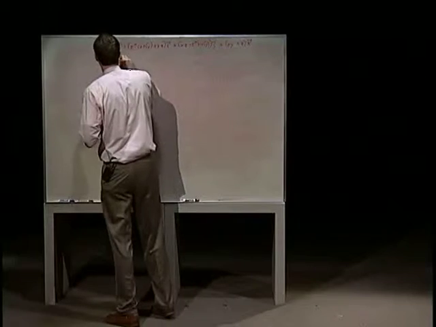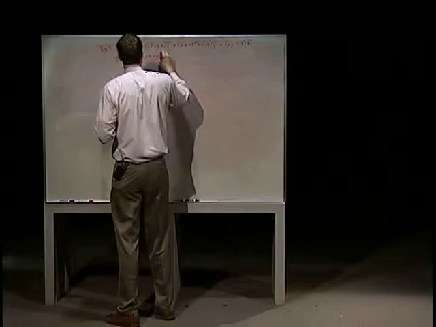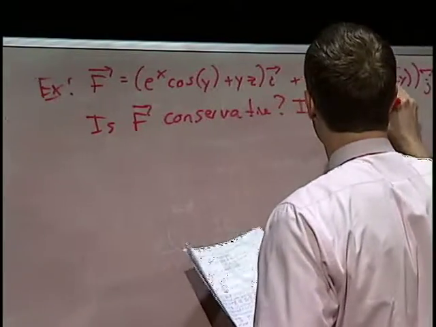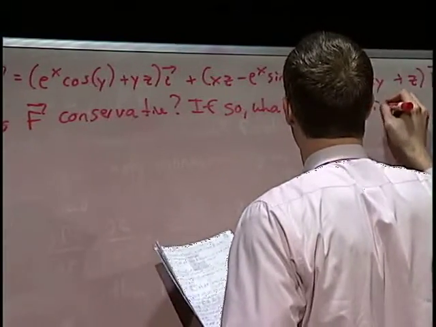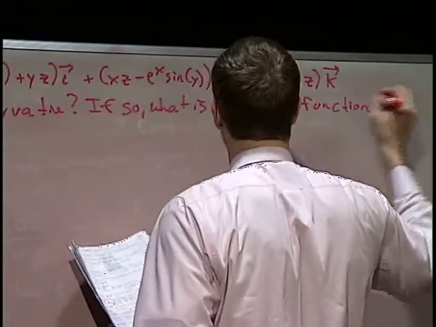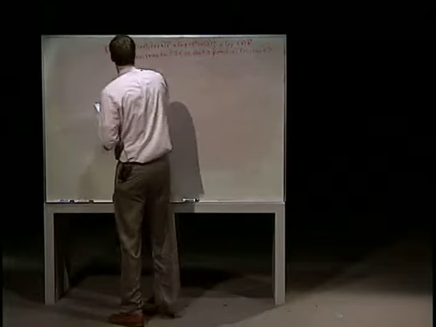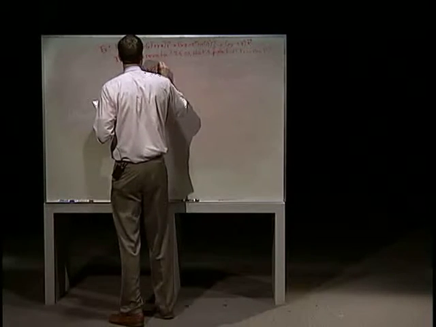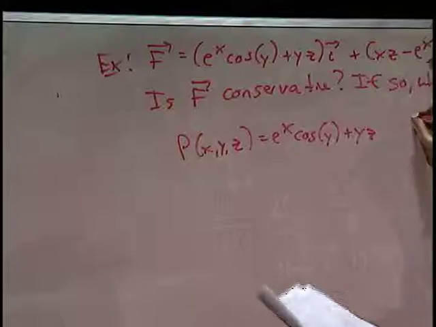And let's test: is F conservative, and if so, what is the potential function, little f? Okay, so we have our 3 pieces. P of x,y,z is e to the x cos y plus yz.